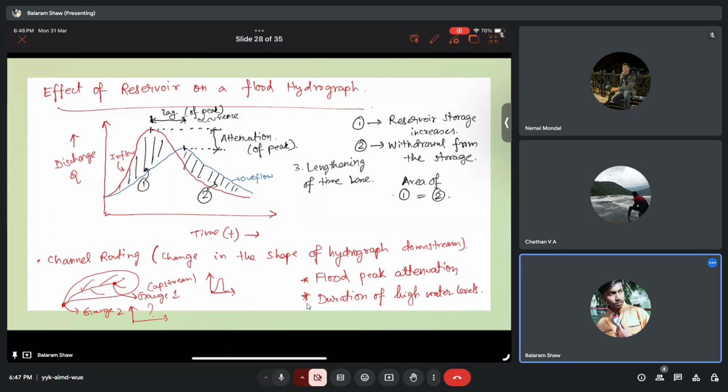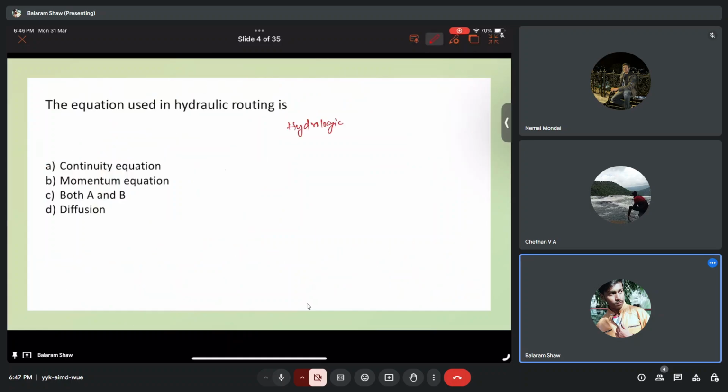We have just seen that for hydrologic routing we consider only the continuity or the mass balance equation, whereas for hydraulic routing we consider both the continuity and momentum equation, right?